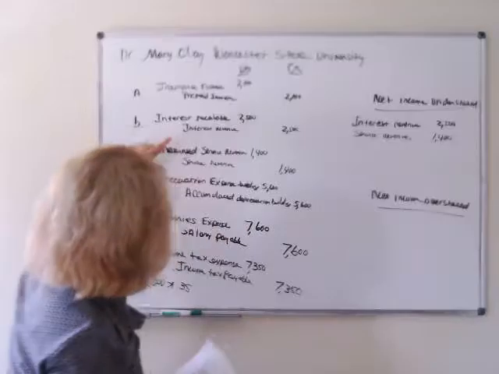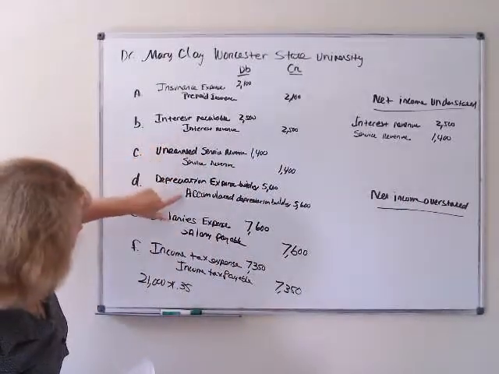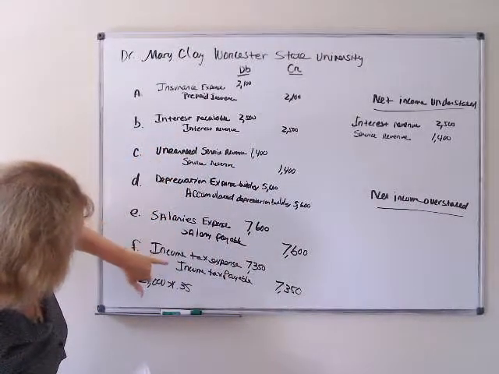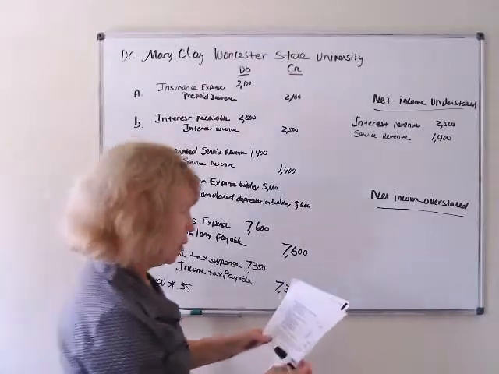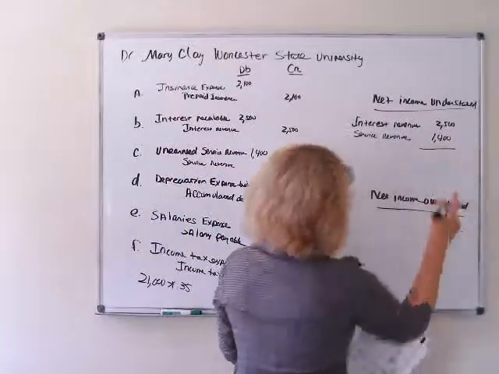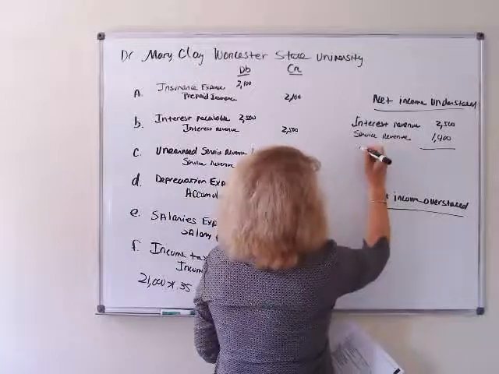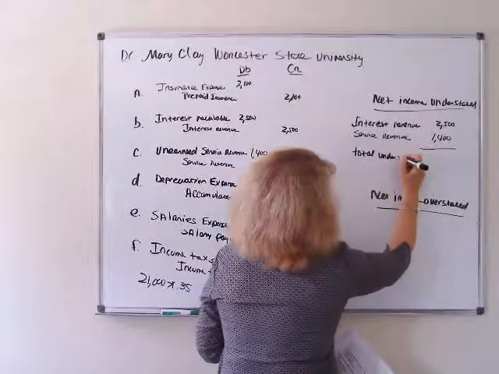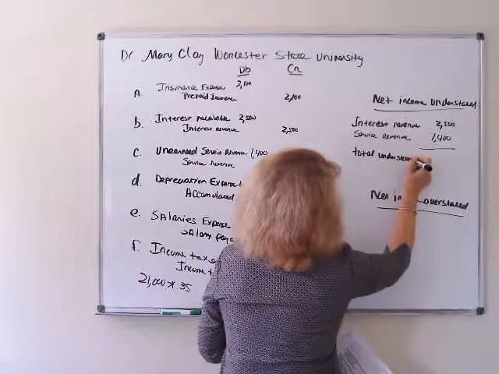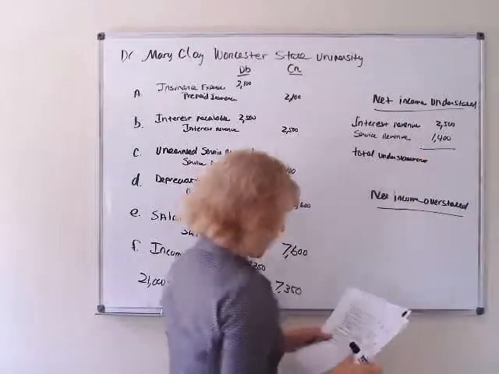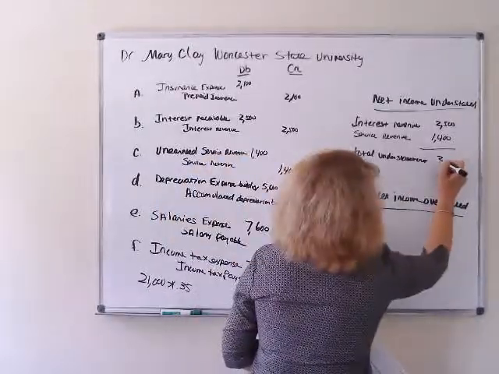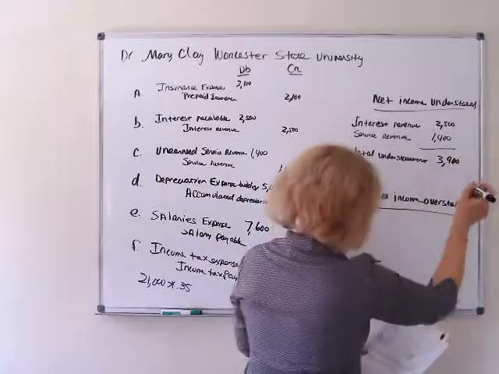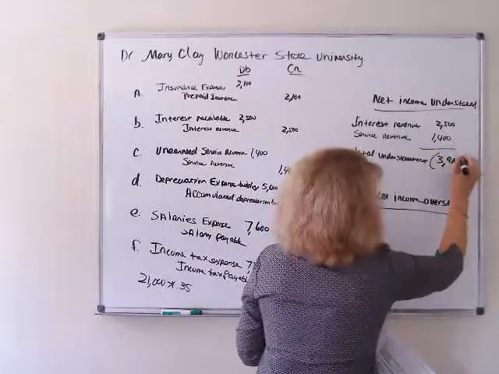All right, let me look and see if I have any more revenue accounts. Nope, I do not. So now I'm going to total these. And my total understatement, if I didn't make these adjustments, would be 3,900. And that we're going to show in parentheses.